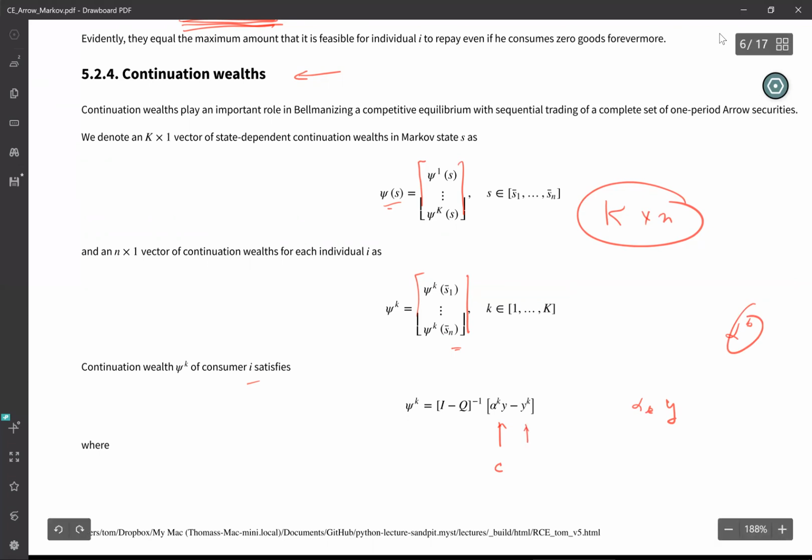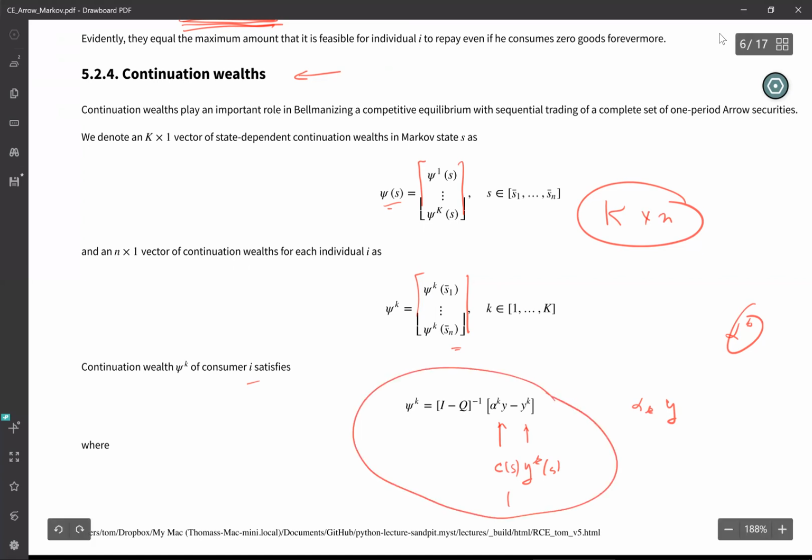That's the person K's endowment in state S. This is a vector. So if I want to know the continuation value of the person, it's got to be this.